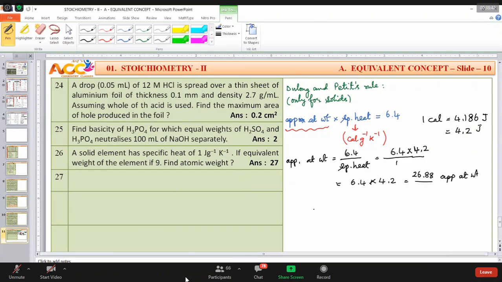Now, what is the exact value of atomic weight? Don't simply say, okay, 26.88 means 27, right? How do we proceed for that? We know equivalent weight is equal to atomic weight by valence. Atomic weight by valence, right?